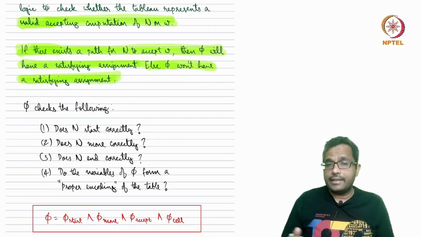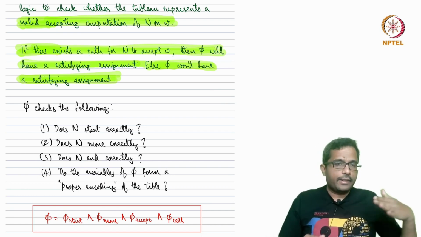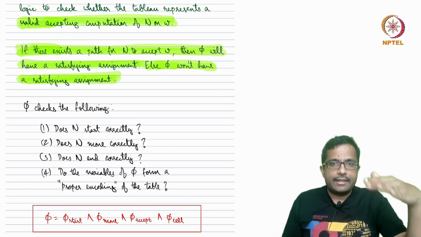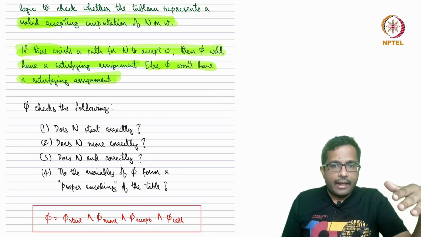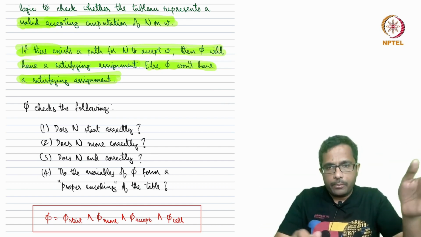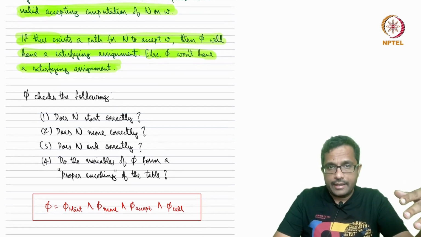We had to check three or four things. One is whether the configuration is a valid starting configuration, whether it ends with an accept, and whether the variables encode the table properly. These three parts we saw in the last lecture.